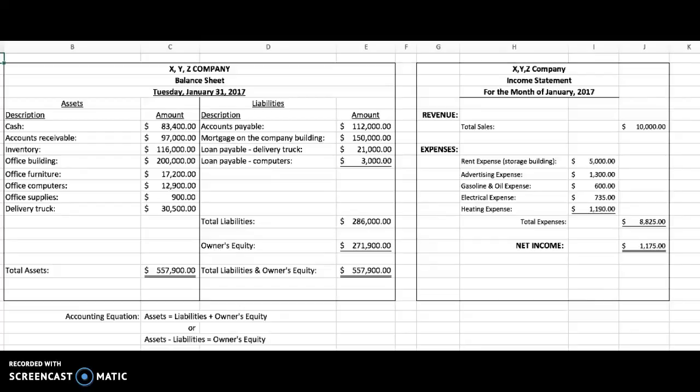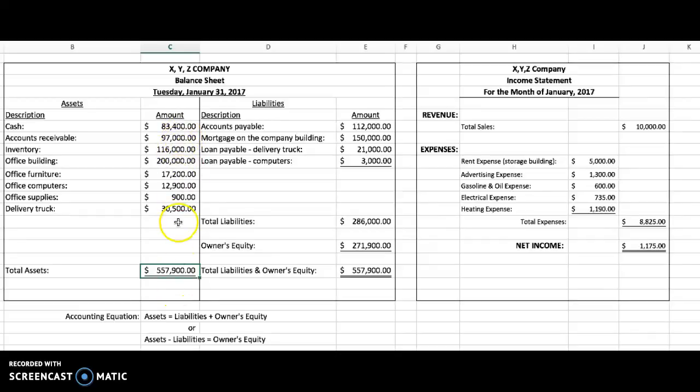If you remember, the balance sheet is based on the accounting equation you see at the bottom there, basically stated in two ways, at least typically. Assets equal liabilities plus owner's equity, or you can see it another way, meaning the same thing: assets minus liabilities equal owner's equity. In our example here, we have total assets of $557,900.